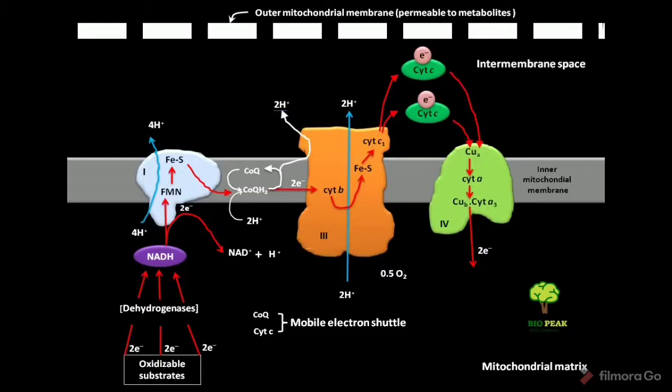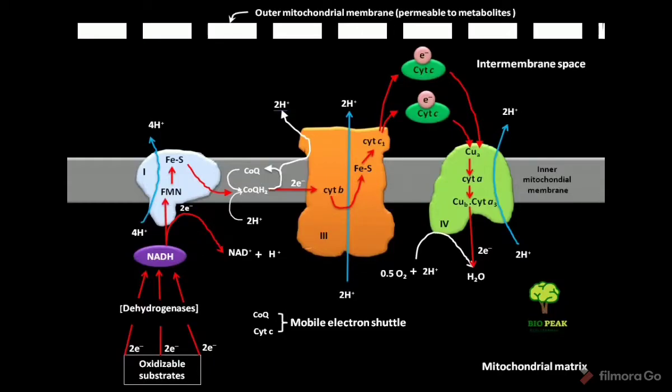After accepting the two electrons, 0.5 O2, or half O2 or an oxygen atom, and two protons combine to form one H2O molecule. During transport of two electrons in complex IV, two protons from the mitochondrial matrix are translocated across the inner mitochondrial membrane and reach the intermembrane space. The mechanism by which the protons are translocated is unknown.